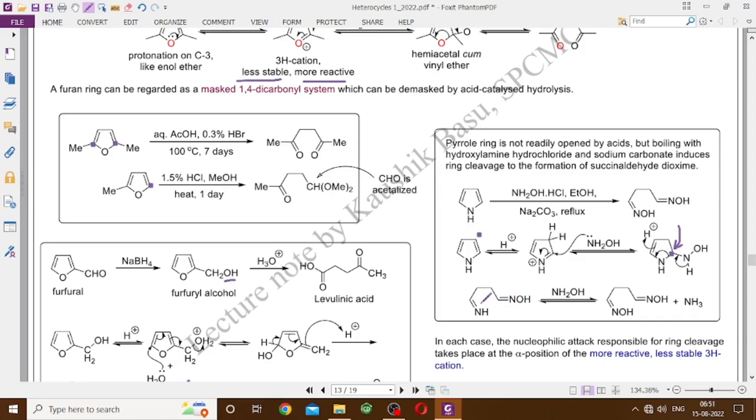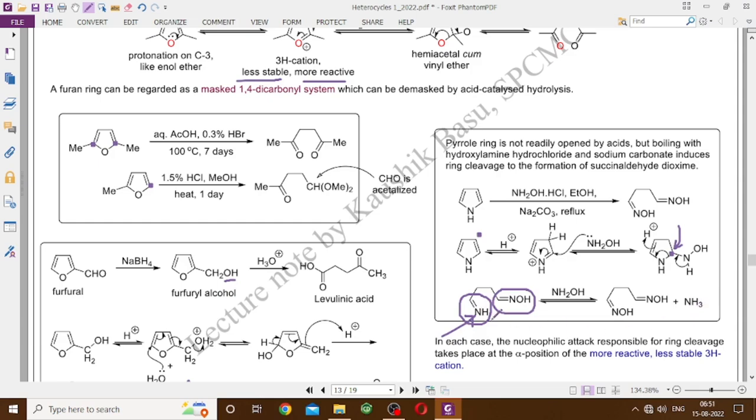So that imine linkage is revealed here, and you have already established one of the oxime linkages. Now this will further undergo reaction with NH2OH to give you the oxime on this side, just as hydroxylamine reacts with carbonyl compounds to give you oxime and water.